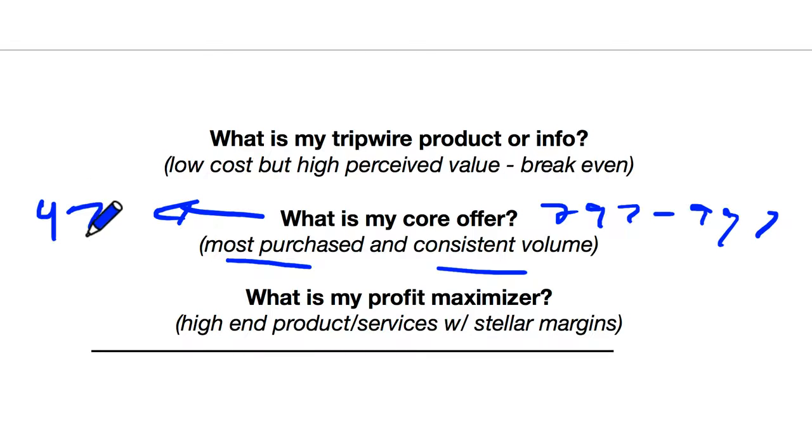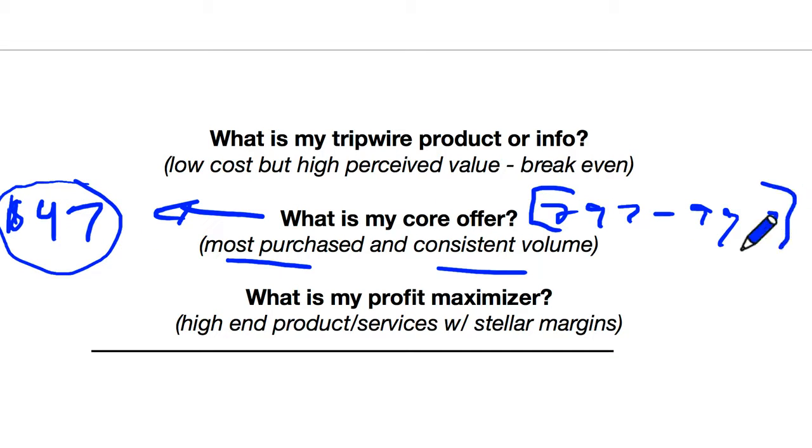Yes, there are tons of people, and I know a few, that make their living off of just selling a bunch of $47 offers as their core thing. But you have to do that at volume. I think a lot of these people could make a lot more money if they were to have a little bit more value-based product that they can charge more for. Okay, so yes, you can go lower, but for this video, this is my recommendation, based on a lot of people a lot smarter than me who have all said that $297 to $997 is a good sweet spot for your core offer.